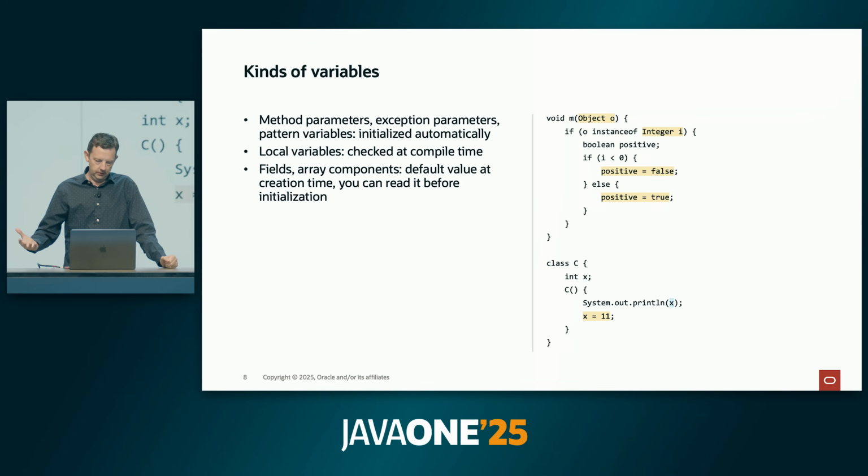How do these properties work in practice? Well, method parameters, exception parameters, and pattern variables are nice because they are initialized at birth. They get created and handed off to the program, and the moment that the program can do something with a method parameter, it already has a value. So we can just check those ones off. Those are easy. Local variables are a little more complex. It's possible to declare a local variable and then have some control flow, some logic that initializes it.